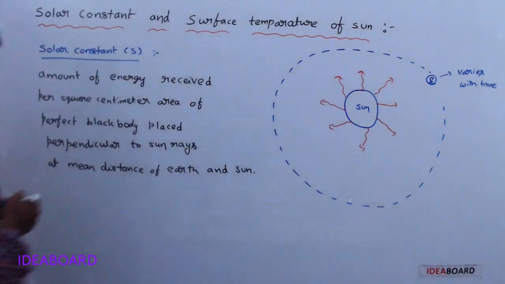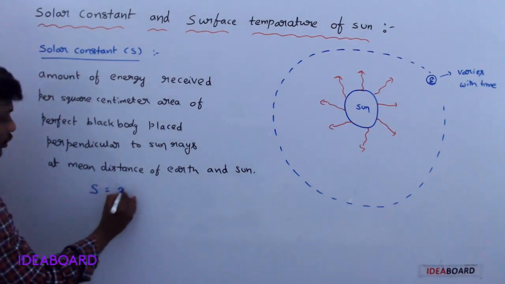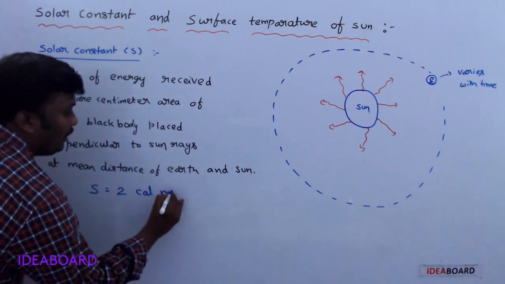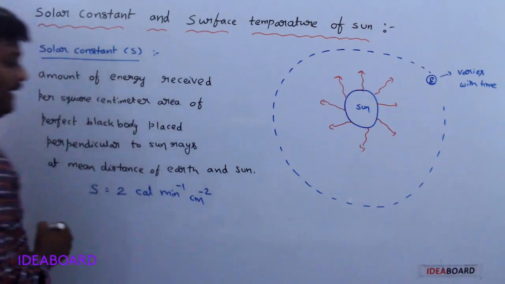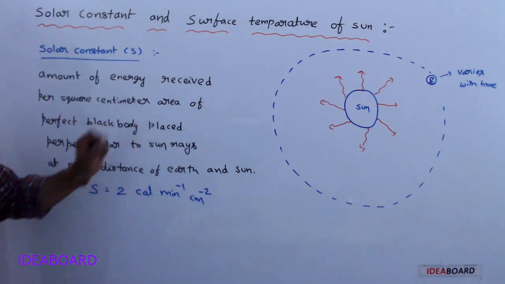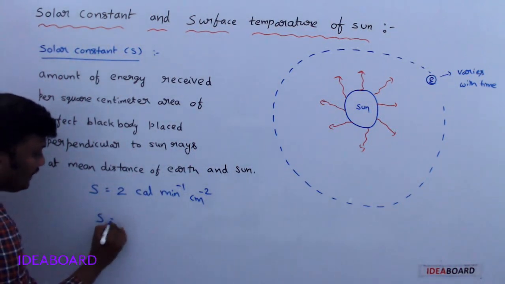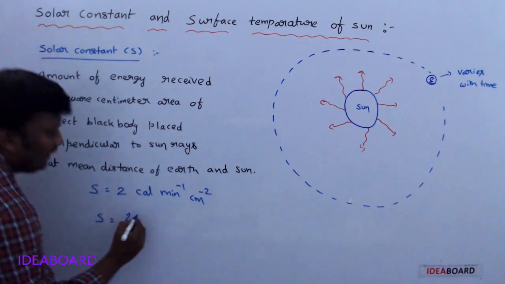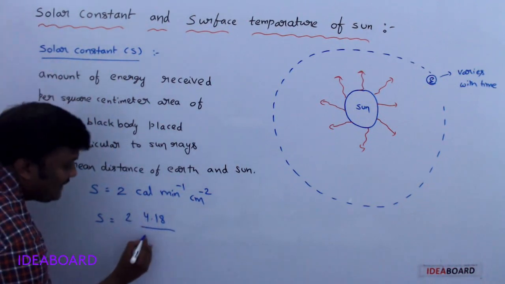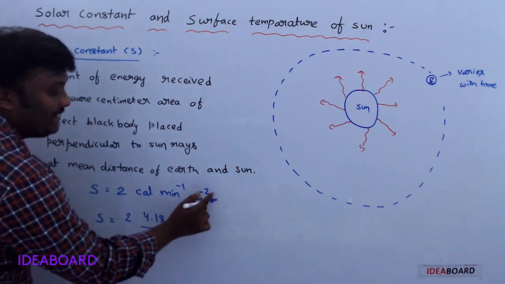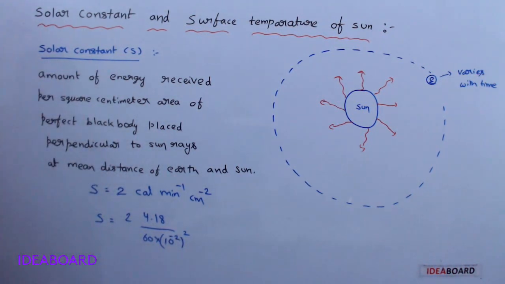Is it clear? It is found that the value of S is 2 calorie minute inverse centimeter power minus 2, because it is per square centimeter, and per means by. Now, if you want it in SI units, 2 into 1 calorie, which is 4.18 joules, by 1 minute, which is 60 seconds, and 1 centimeter, which is 10 power minus 2 meter, whole squared.